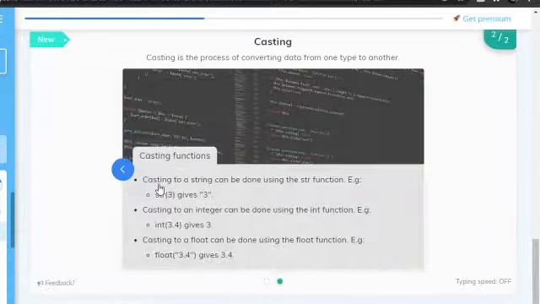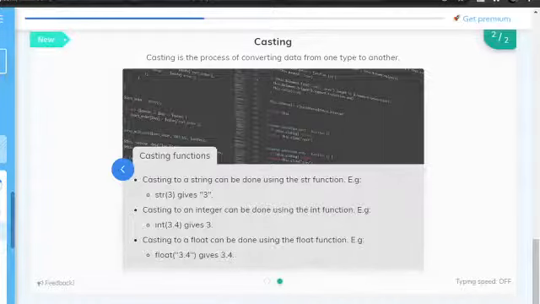And casting functions: str(3) gives 3 as a string. int(3.4) gives 3, because obviously 0.4 can't be an integer. And casting to a float can be done using the float function, and the speech marks mean there is a string that's converted to a float.